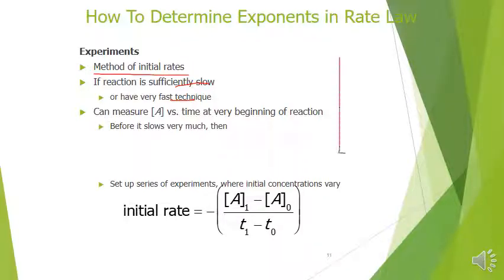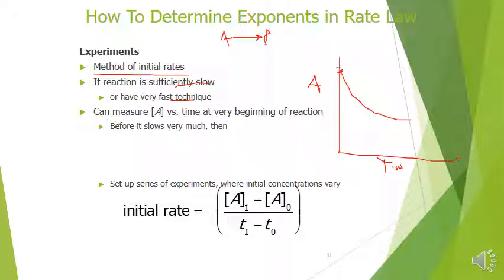As soon as the reaction starts, let's say you're measuring A going to B, here's A over time. A is going to start out really high, start out fast because there's a lot of A, but it's going to start slowing down because there's less and less A.